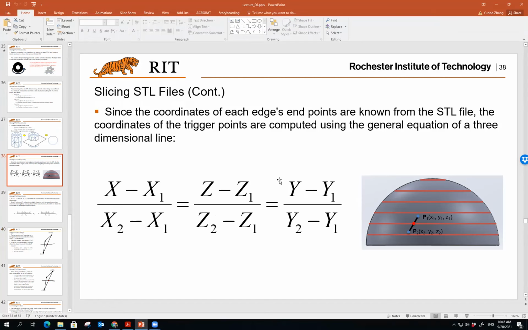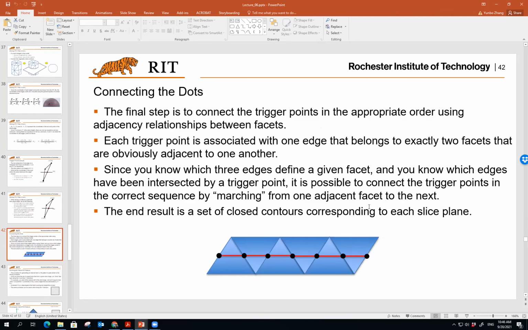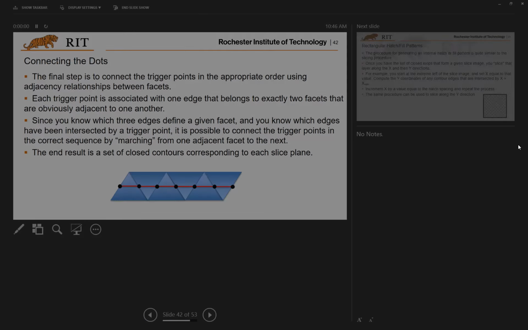Basically, the only thing that matters is the order of trigger points within one layer. And how you order them, basically what you want to do, let me show you here. For example, you have the information of the triangle. Let's look at this triangle solely.